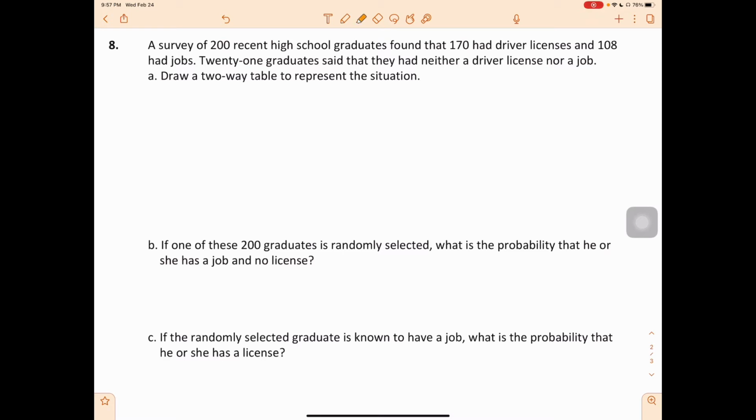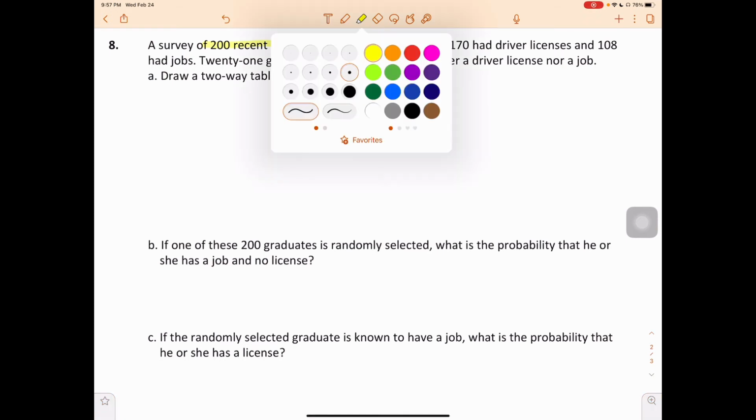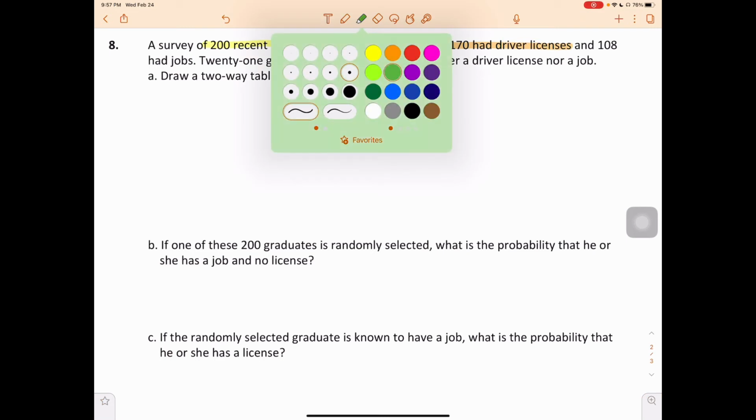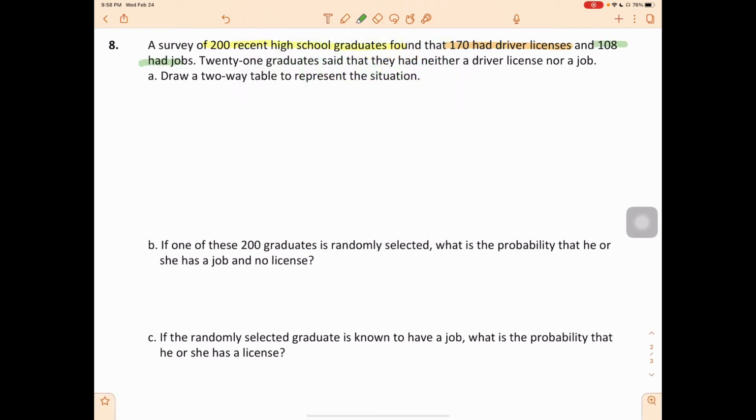All right, so first of all, 200 total recent high school graduates. 170 of them had driver's license. 108 of them had a job. 21 of them had neither a driver's license nor a job. Neither one. So it wants us to draw a two-way table.